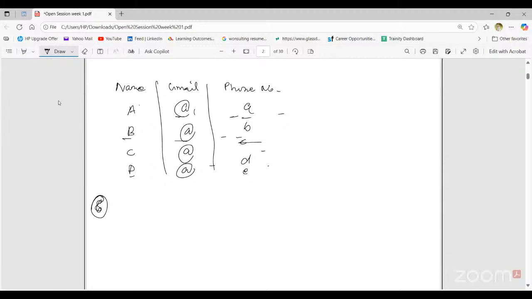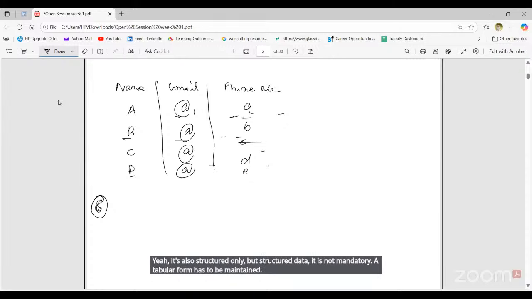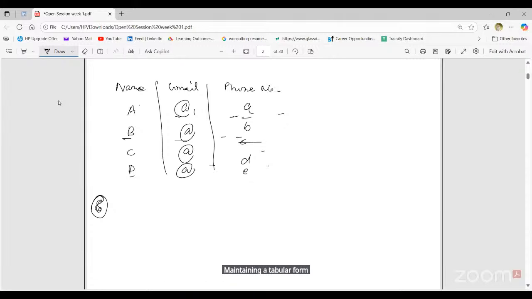I think it will be structured data, ma'am. Semi-structured. But eventually, if I see the format, I could make sense of it, so it's structured only. Actually, for structured data, it is not mandatory that a tabular form has to be maintained. Maintaining a tabular form doesn't mean that it is structured.